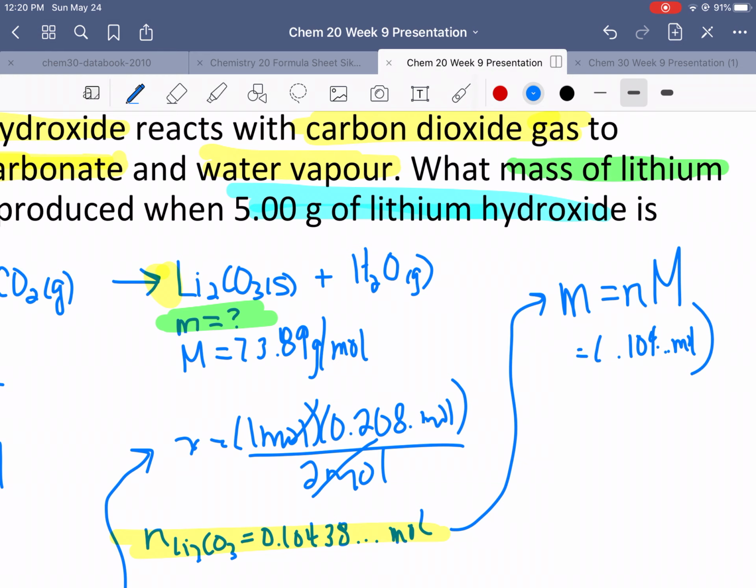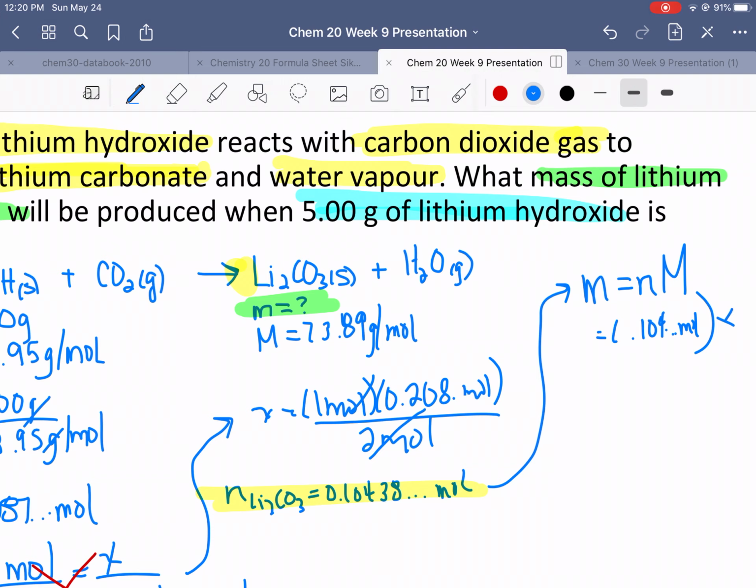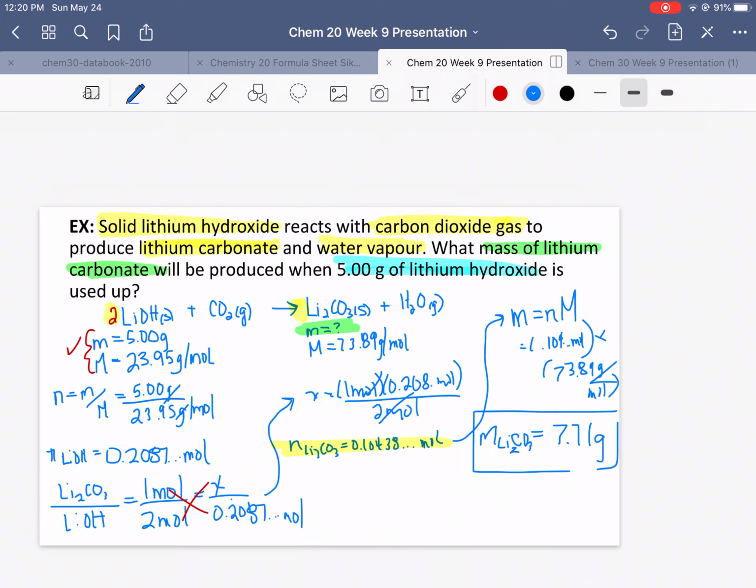Molar mass of that lithium carbonate we got before, times 73.89 grams per mole. Plug it in, number crunch, we get that the mass of that lithium carbonate, watch your rounding, we need 3 sig digs, 7.71 grams. Done and done.